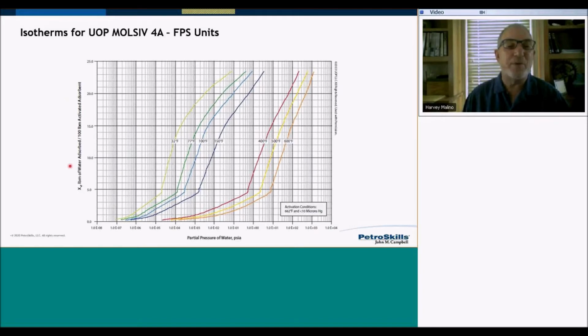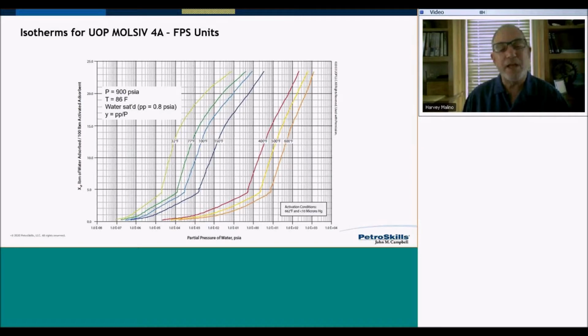In this FPS slide, it's pounds of water held per 100 pounds of molecular sieve, plotted versus the partial pressure of water in the gas phase. And we have lines of constant temperature varying from very cool temperatures to very hot temperatures. Let's see how this works.